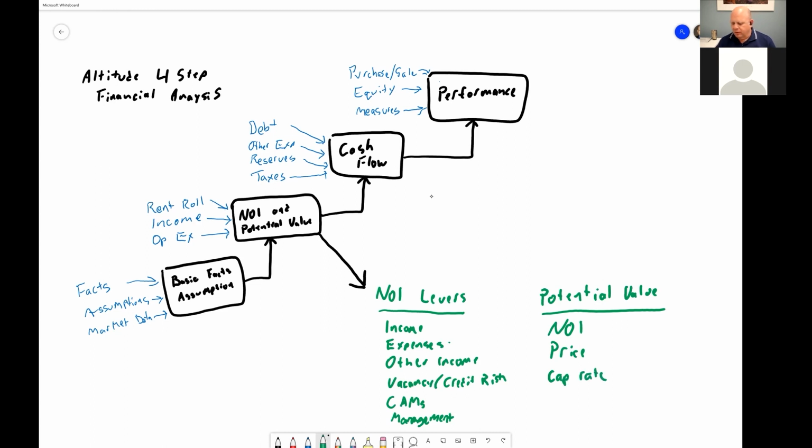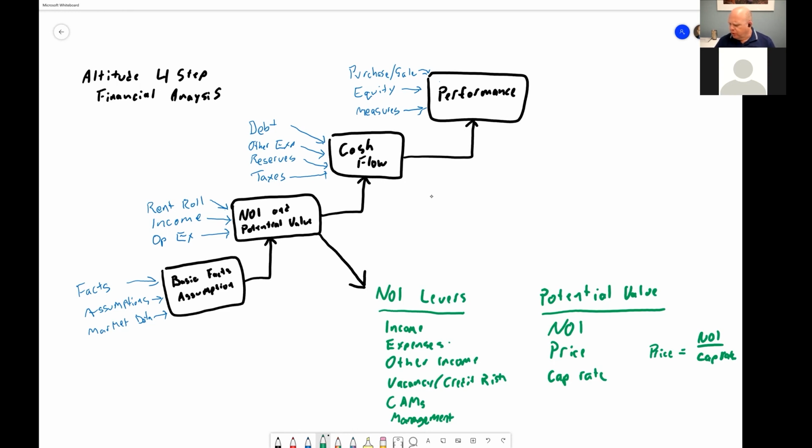Because price equals NOI over cap rate. So any of those things can adjust, obviously, what that potential value is.